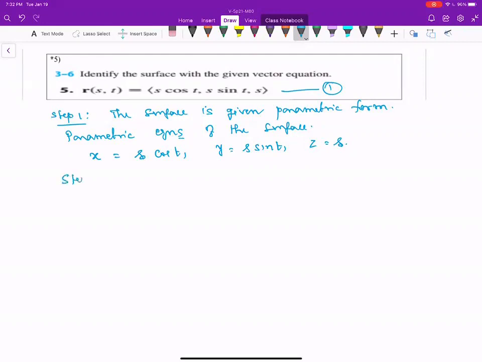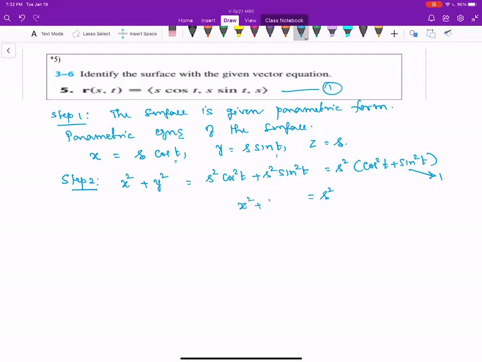So now we have to see what connections we can make in x, y, and z. Because we see cosine t and sine t, and we know the Pythagorean identity, we will see what happens when we write x square plus y square. So it is s square cosine square of t plus s square sine square of t. If you factor out the s square, you get s square times cosine square t plus sine square t, which is equal to 1 by the Pythagorean identity.